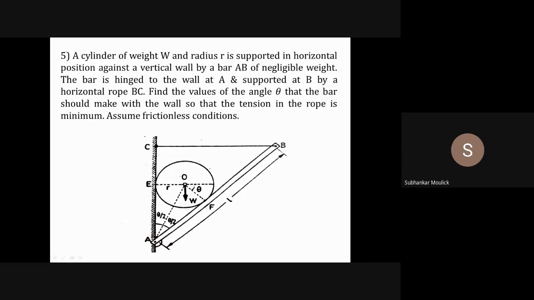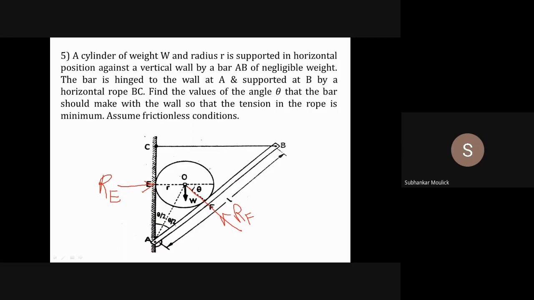The cylinder is in contact with this vertical wall at point E. So the wall at point E will exert a reaction on the cylinder in this direction, that is RE. Similarly, this cylinder is in contact with this inclined bar AB at point F. So bar AB at point F will give a reaction RF in this direction.